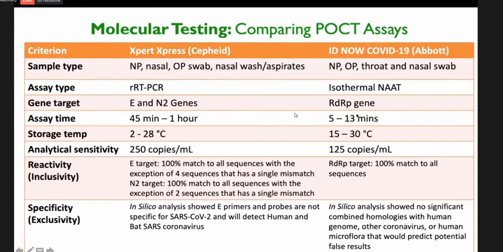The Abbott system appears to be superior with the analytical sensitivity, or the limit of detection, as low as 125 copies per ml, and the result is available within 5 to 13 minutes. Also in silico analysis showed no significant homologies with the human genome and other coronaviruses or human microflora that would predict potential false results.